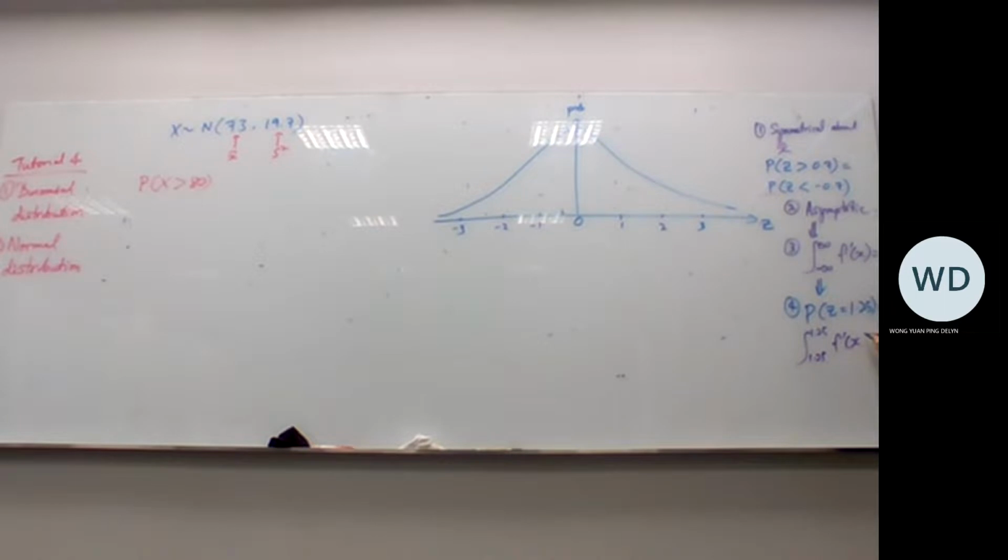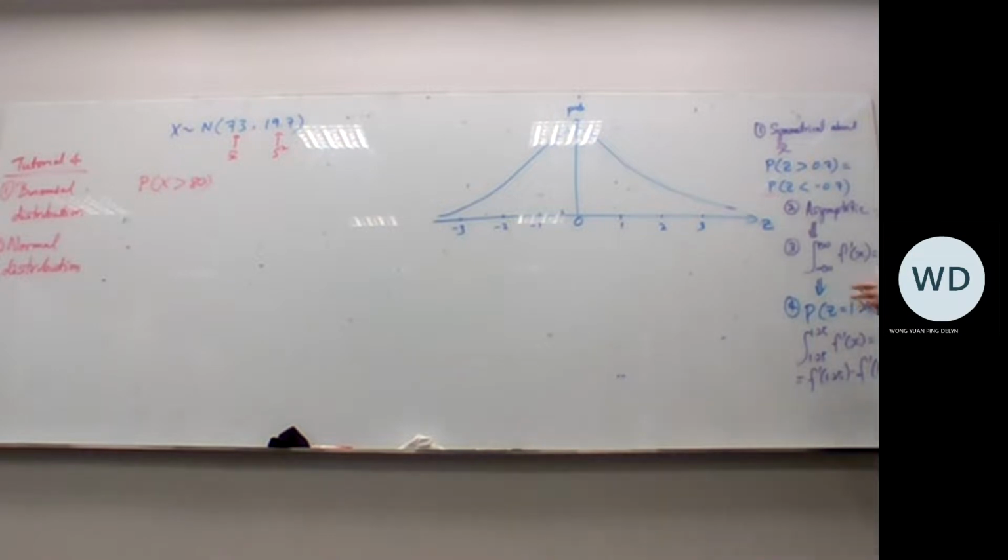It doesn't matter what function it is, it equals 0, because it minus itself off. This actually becomes 1.25 minus 1.25. It becomes 0.